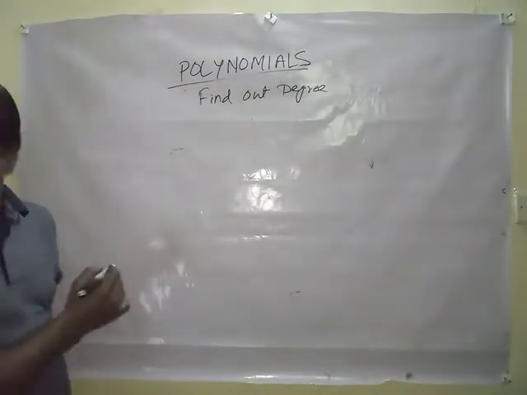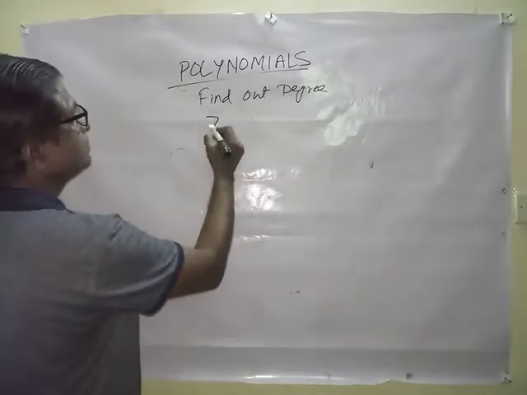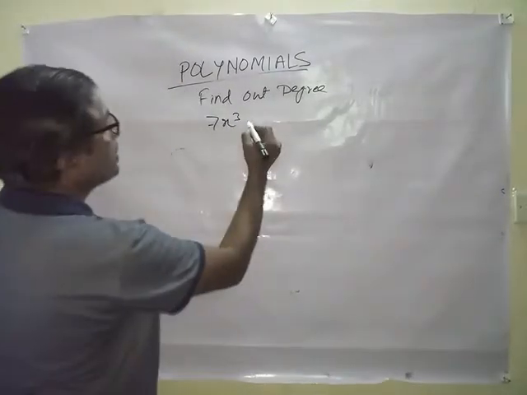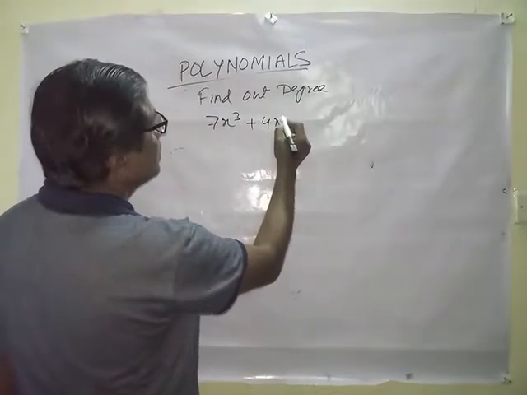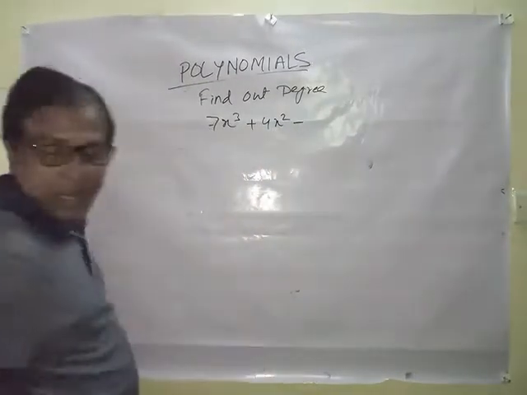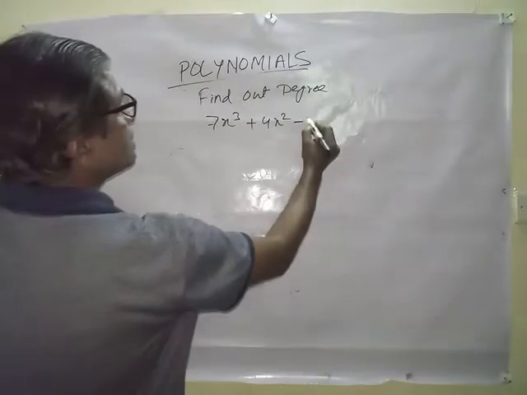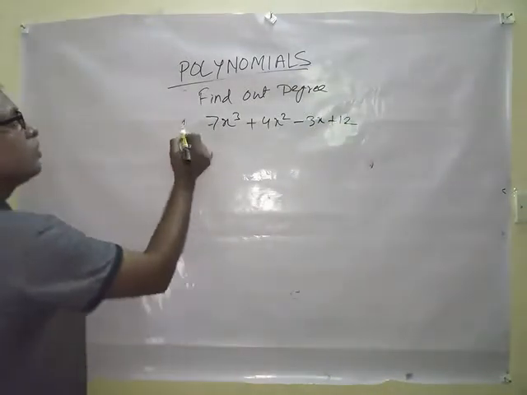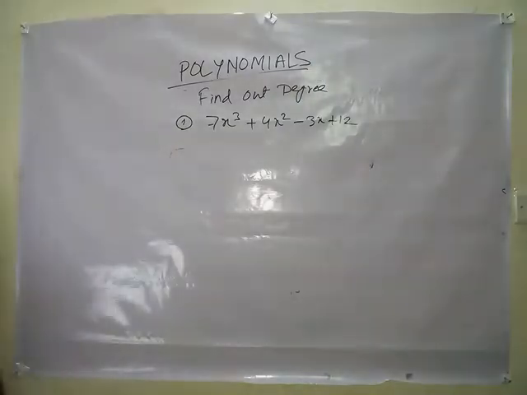Here the equation is 7x cube plus 4x square minus 3x plus 12. Find out the degree of this equation.